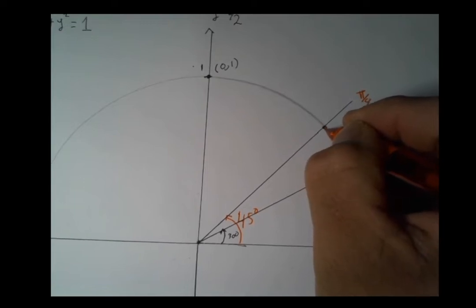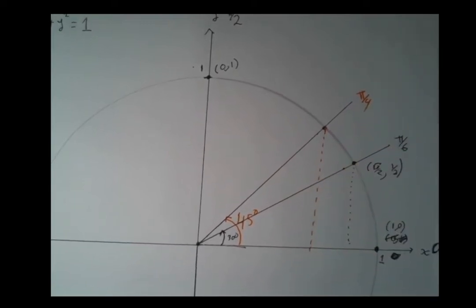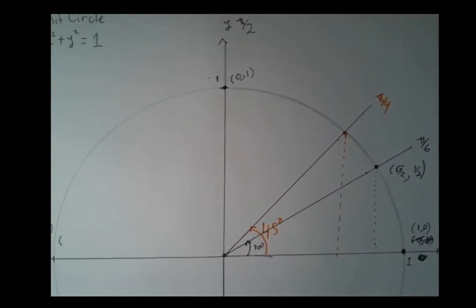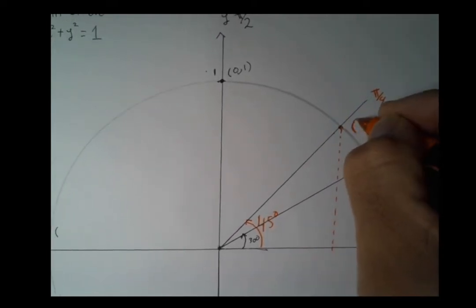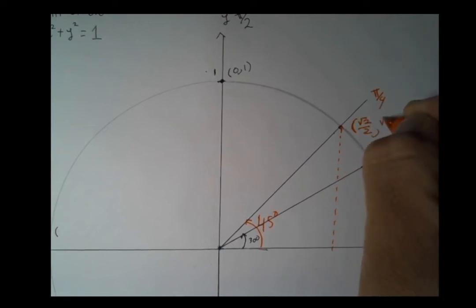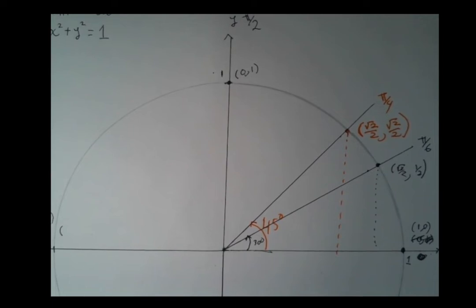These values come from our special triangle, 45, 45, 90. The nice thing about this one is that both of the sides are the same, root 2 over 2.